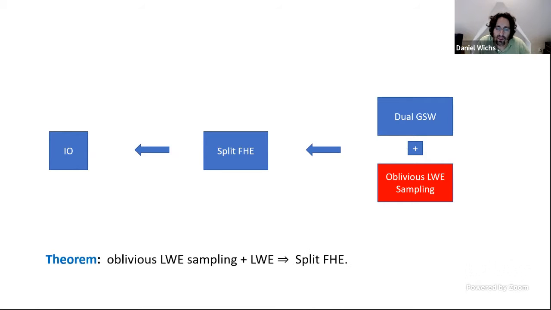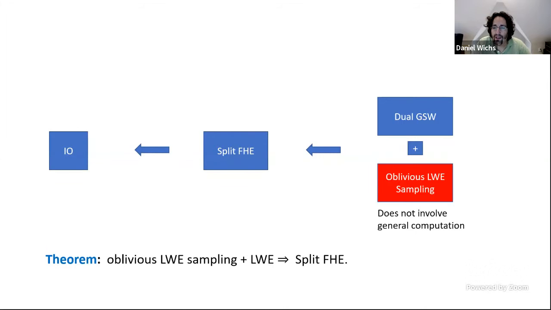And we have a theorem that if you have this type of oblivious LWE sampling and you combine it with the LWE assumption, you essentially combine it with this dual GSW scheme, then you get a secure split FHE scheme, and that implies a secure IO. So essentially, this theorem says that if you want to construct IO, all you need to focus on is constructing oblivious LWE sampling, at least as long as you believe in the LWE assumption.